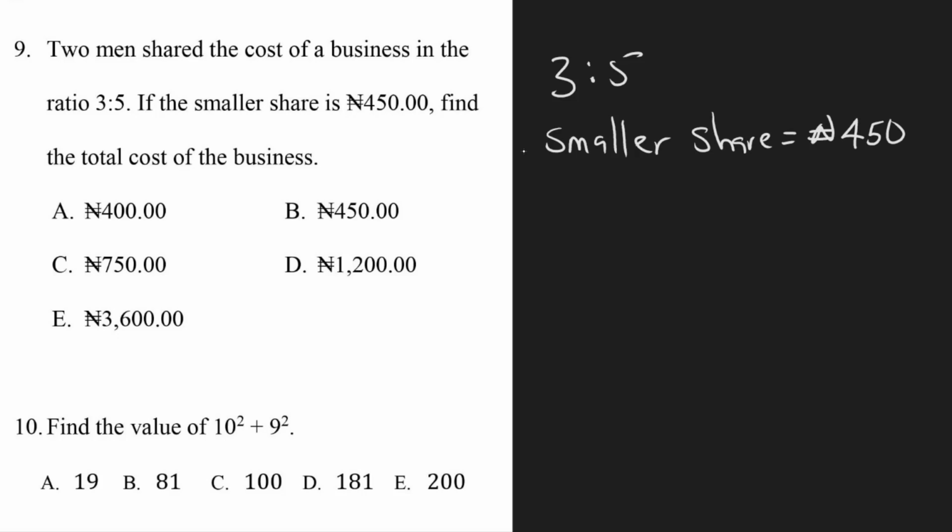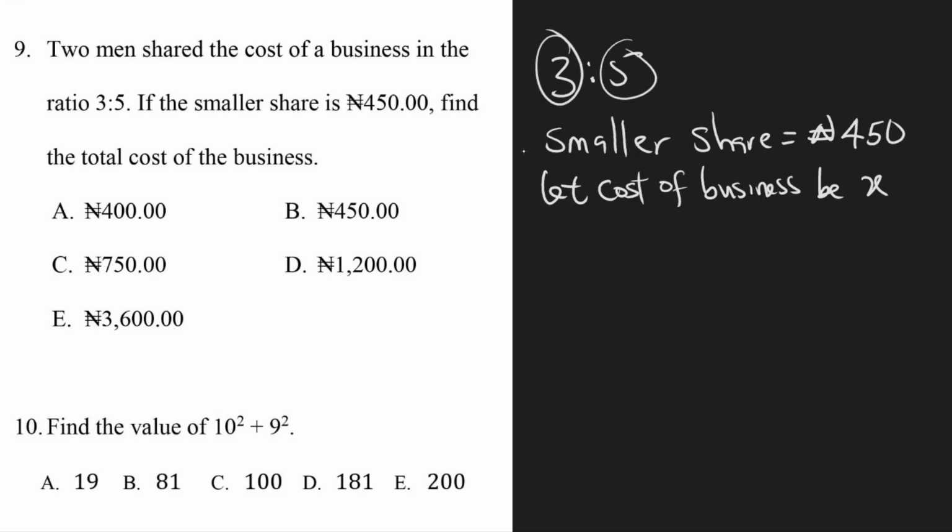So now, do we know the total cost of the business? Of course it's no. So we said let the cost of business be x, right? So now know how we deal with ratio. Remember that the smaller share is 450, and from our ratio, this is the smaller share, 3, and this is the larger share.